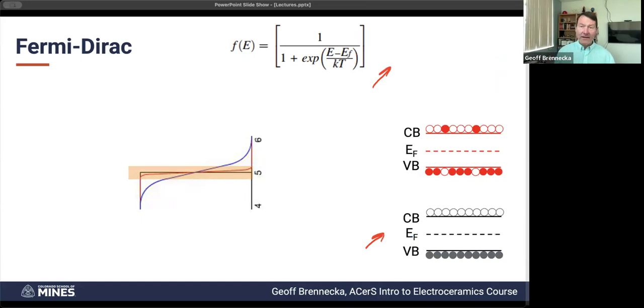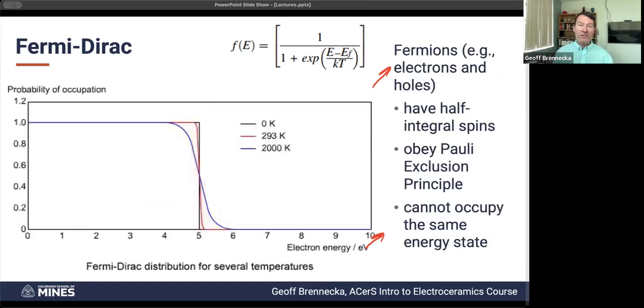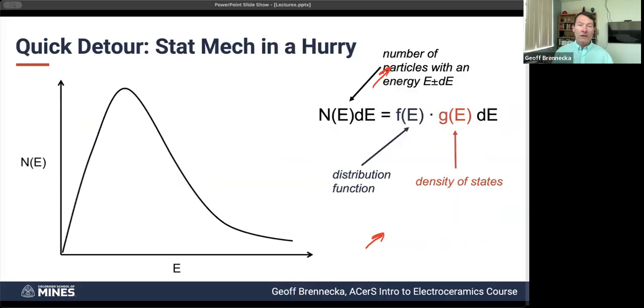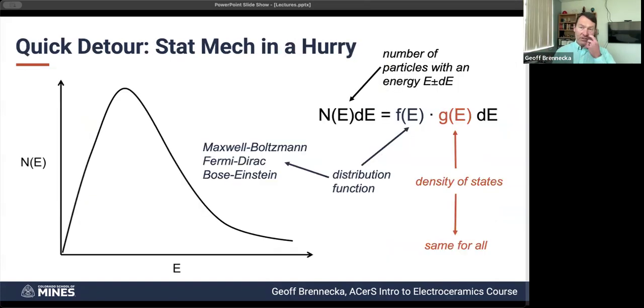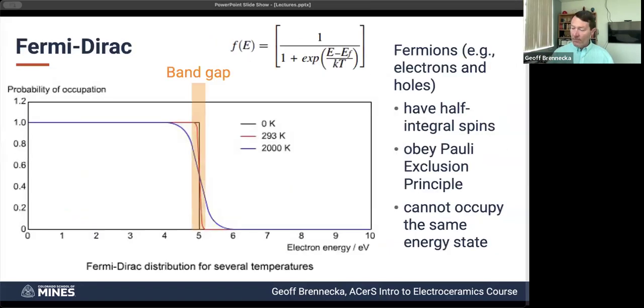And so if we go back to this earlier equation, all the way back, this N is entirely dependent upon that Fermi-Dirac distribution of electrons. And so if we're going to change the number of carriers with temperature, it changes by this factor.